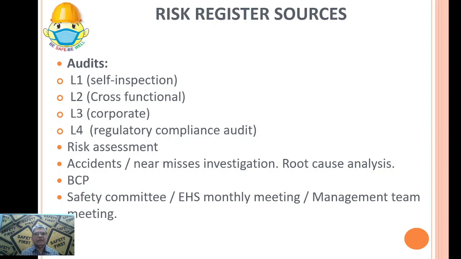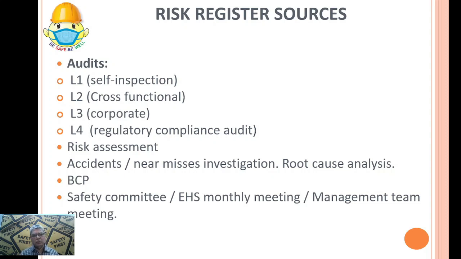If something has gone wrong in the business continuity plan, you have found that it is not enough, whatever you have decided on continuity of the business, so some new controls are required, and so there are certain risks coming out of the BCP, you enter them into the risk register.